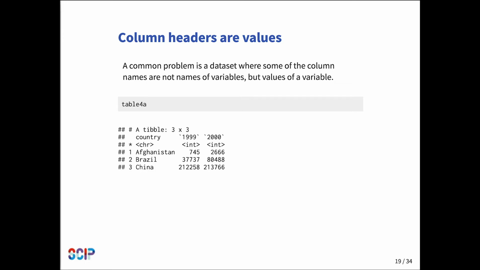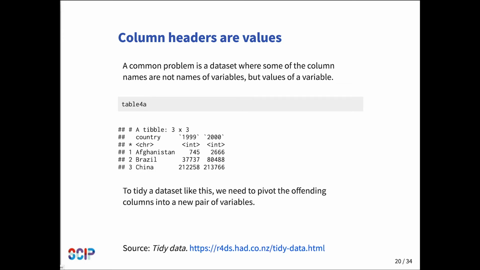So they're great examples. This is one of the data sets that comes with the tidyr package with the pithy title Table 4A. So the issue here is that, I think we're only looking at the first few columns here. Actually no, sorry, it's quite a small table. But we'll see here that the latter two columns, 1999 and 2000, are actually years.